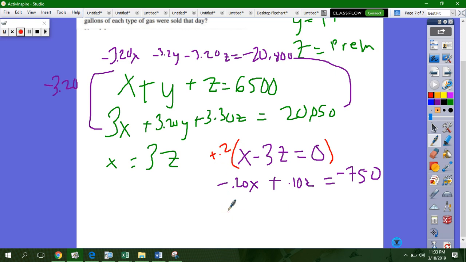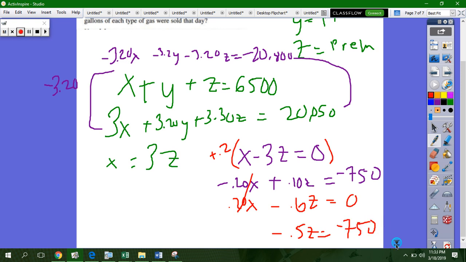Let's just do positive. So I have 0.20x minus 0.6z equals 0. Those cancel out. Negative 0.5z equals negative 750.